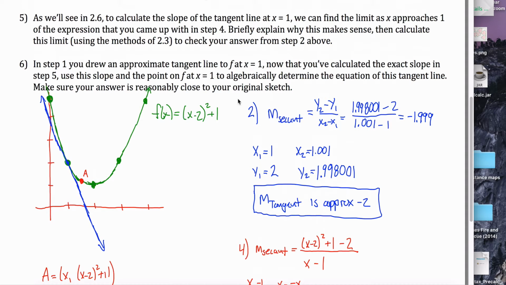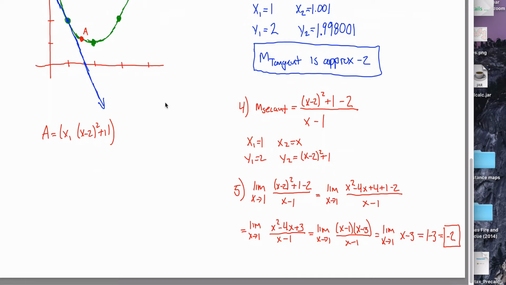Step 6 says use this point and the slope that I just figured out of this blue line, which was negative 2, to come up with the equation of the tangent line. Fine. So for step 6, I got the point at 1, 2, and the slope at negative 2. So there's a few ways you can do this.